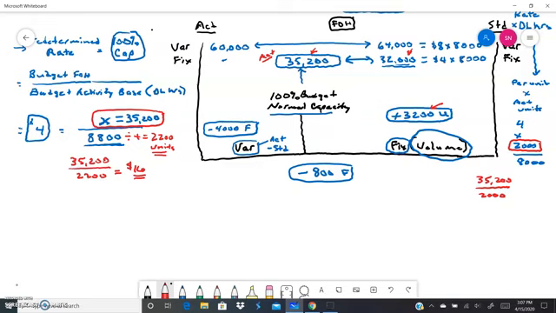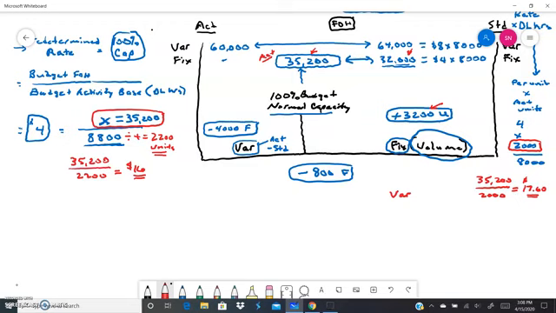So those 2,000 units now have to bear that full $35,200 cost. If we divide that, then each unit, instead of costing $16 because we produced fewer units, is going to cost $17.60 of fixed factory overhead. So they're more expensive. In fact, they're $1.60 more expensive.